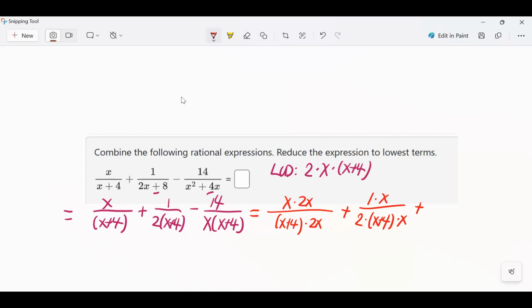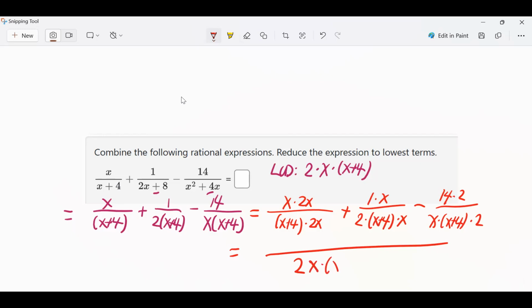So multiply both top and bottom by 2, minus here. So 14 times 2, x times x plus 4 times 2. So now we all have the same denominator, so it's gonna be 2x times x plus 4. And put everything together, we get 2x squared plus x minus 28.